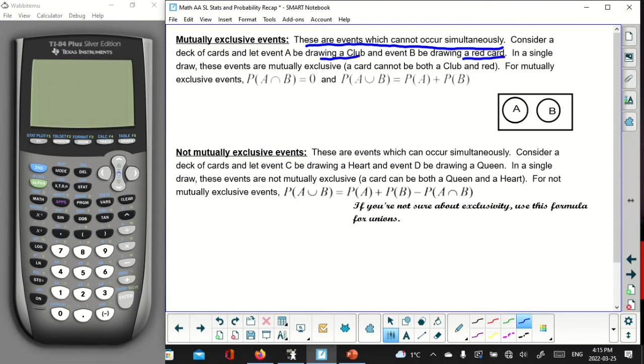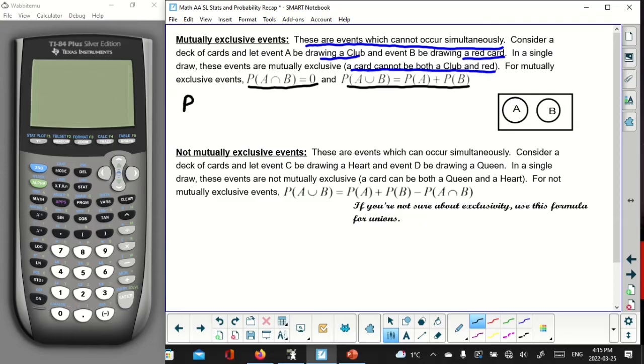There are 13 clubs in the deck, there are 26 red cards, but there are no red clubs. In a single draw, these events are mutually exclusive. A card cannot be both a club and red. So for mutually exclusive events, the probability of having both at once is 0. That's their real definition. And this is a combined events formula that you can use.